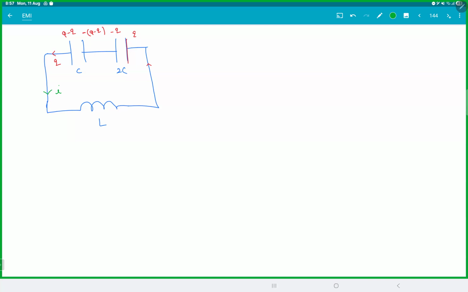Now write Kirchhoff's law. Once you get the equation, it is done. It's all math after that.